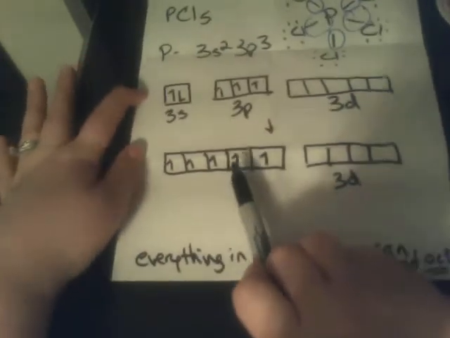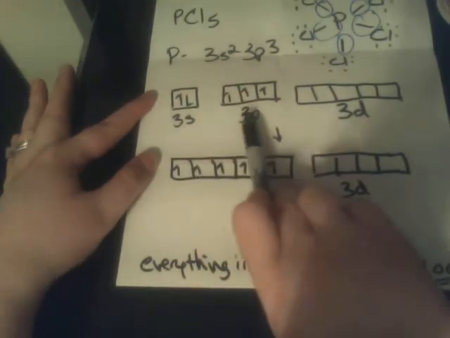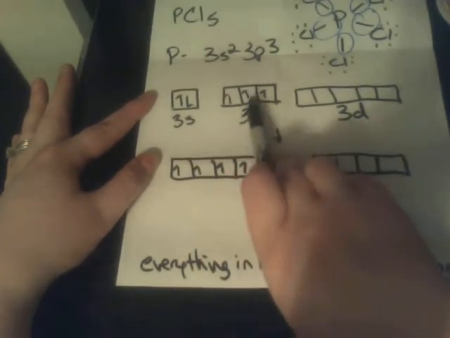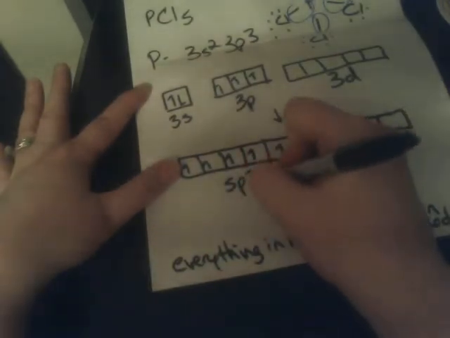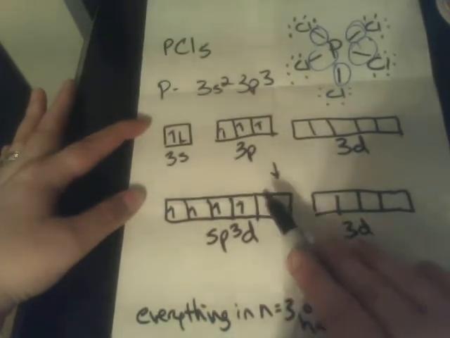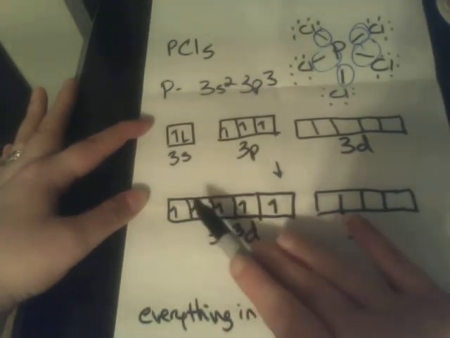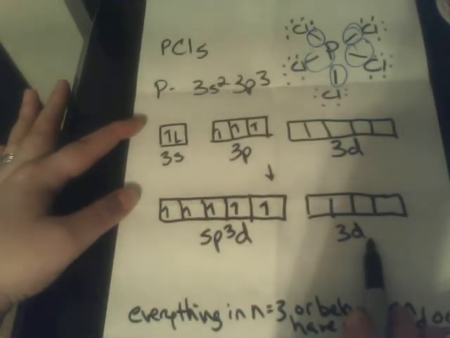But what is this called? If you're playing our game at home, you could probably guess. It's an sp3d. Now we have the places for the 5 sigma bonds to come in. These are unhybridized and they are open.